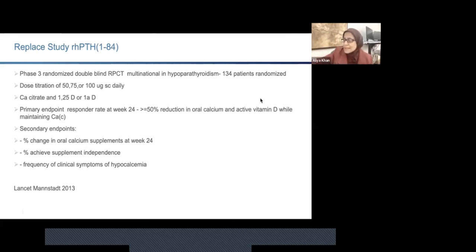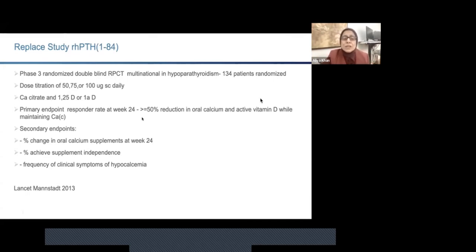In the REPLACE study, this was looking at PTH 1 to 84, and it was comparing 1 to 84 with conventional therapy, so calcium and active vitamin D. There were 134 patients randomized, and for the dose titration, you begin at 50 and then gradually go up. And patients were compared to PTH versus calcium and calcitriol or alfacalcidol.